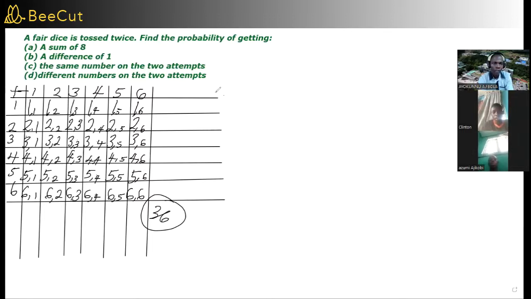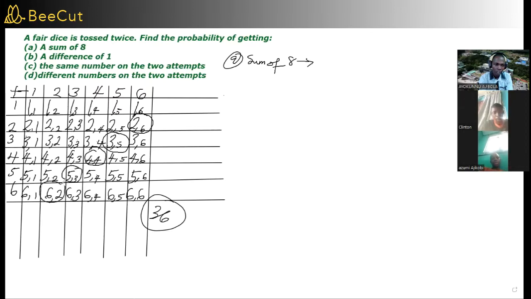Now for question A. Question A says find probability of getting sum of 8. So how many of the items show sum of 8? Let's count. 2 plus 6 is 8. That's 1. Then 3 plus 5 is 8. That's 2. 4 plus 4 is 8. That's 3. Then 5 plus 3 is 8.